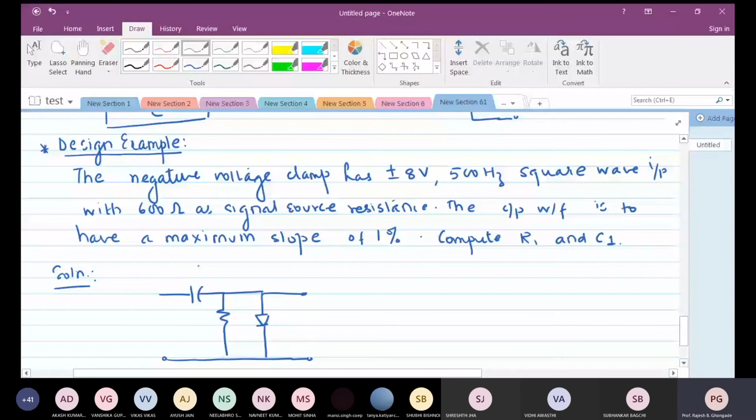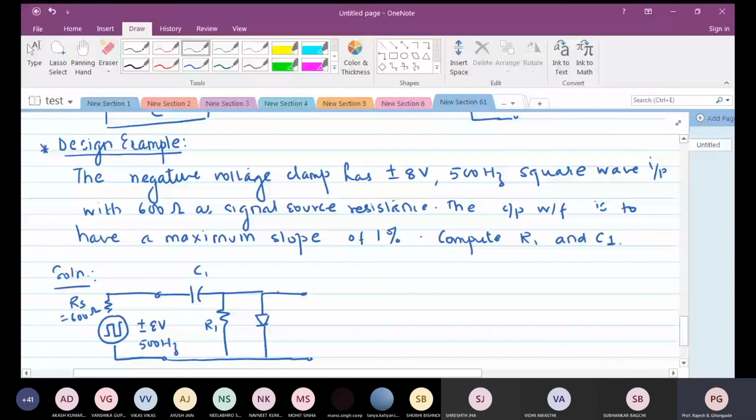You are supposed to find the values of C and R. To be more precise, since it is not given that it is a sine wave, it's a square wave. This will be RS, which is 600 ohms. The input is given as plus minus 8 volts at 500 hertz, and we are supposed to find the values of C1 and R1.